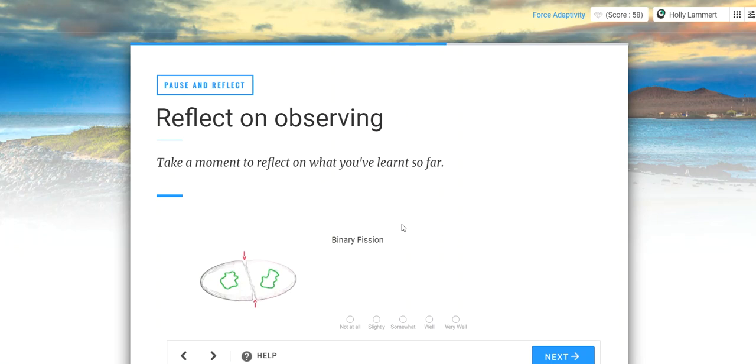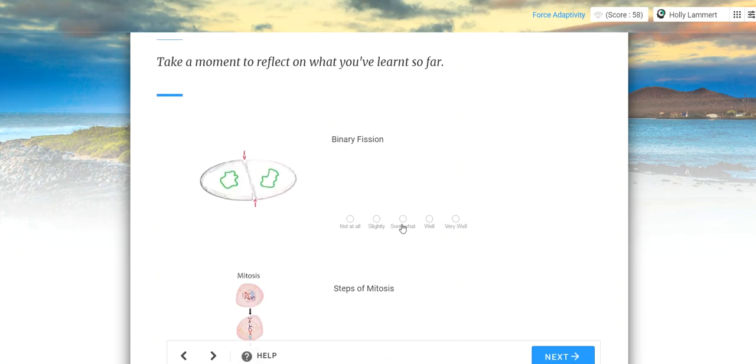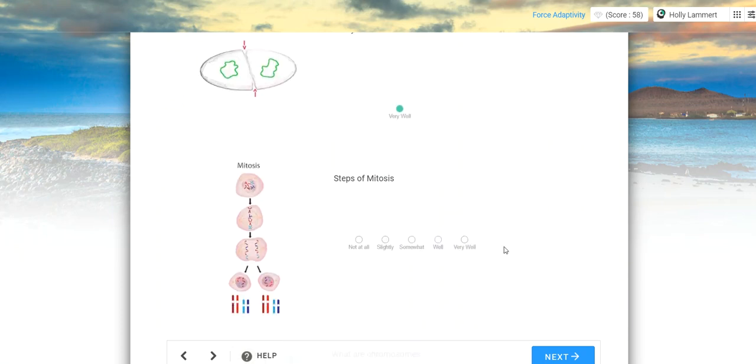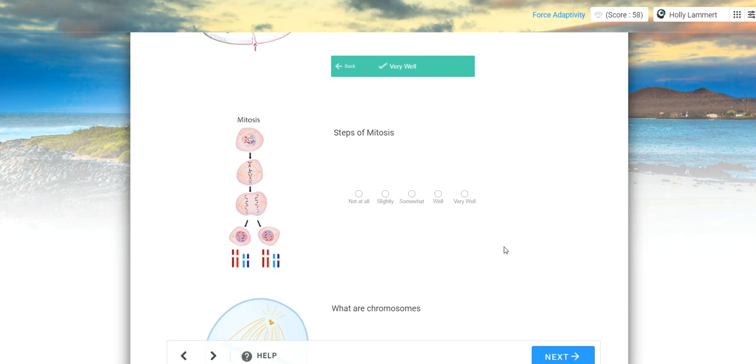Okay, so reflecting on what we've learned, binary fission for prokaryotes replicates the DNA and forms two identical cells. Steps of mitosis, can you remember all of them? We start here in interphase, where the cells are mostly hanging out. We go to prophase, the chromosomes condense, the nucleus dissolves.